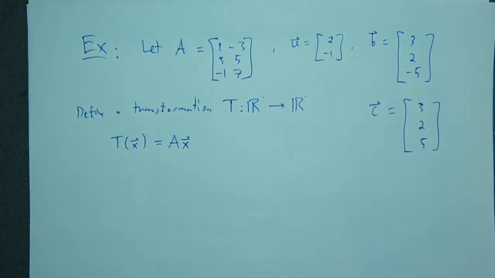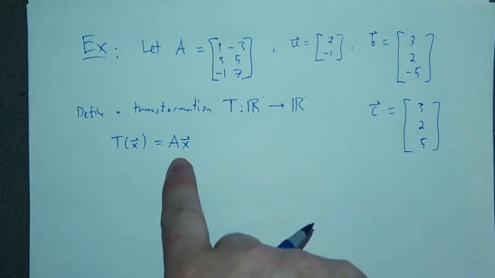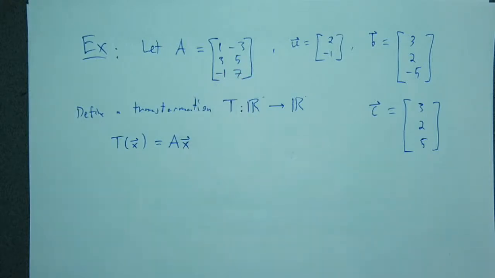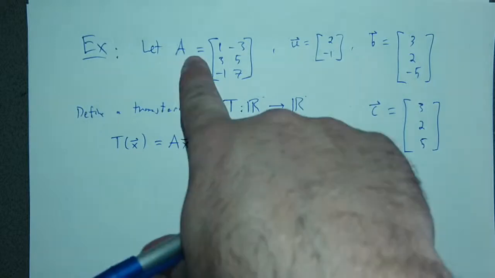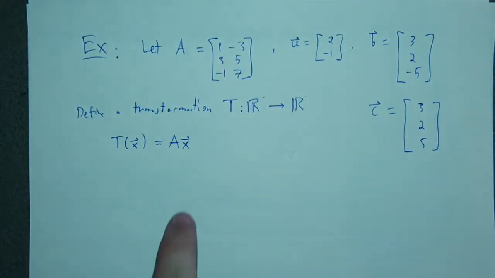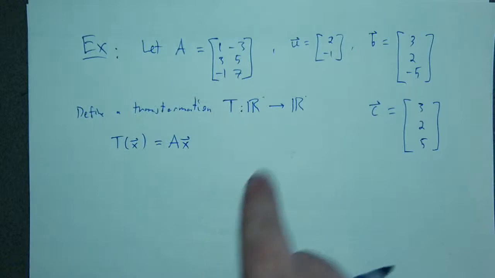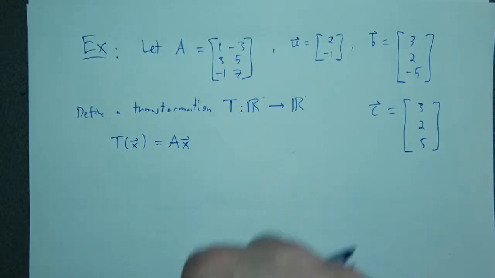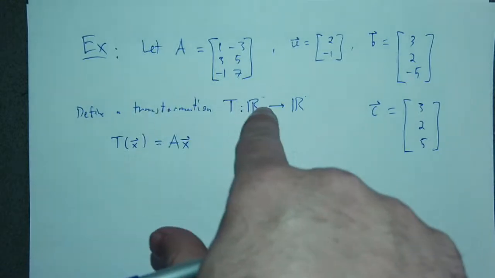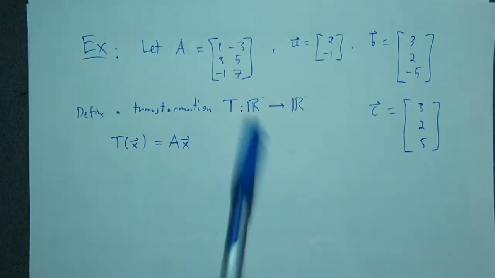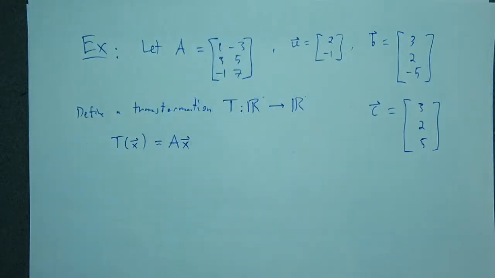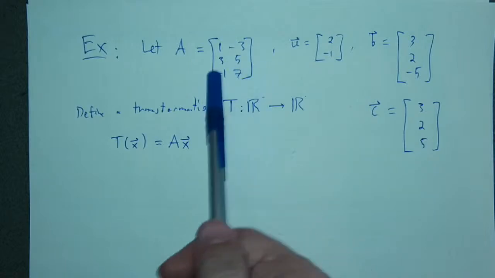Now let's think for a second. In order for this to be defined, how did I define multiplying a matrix by a vector? The vector itself had entries. Those entries were the weights, and I just formed the linear combination of the column vectors times those weights. Well, here I only have two columns.